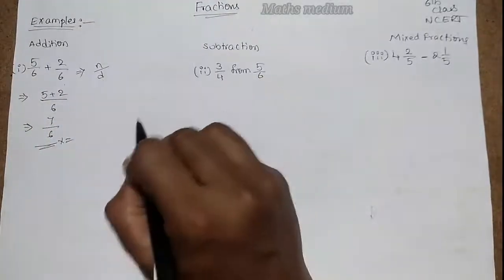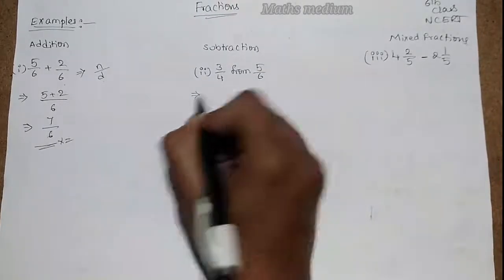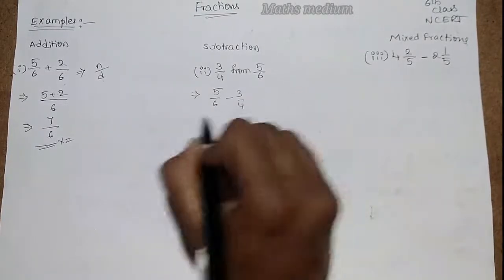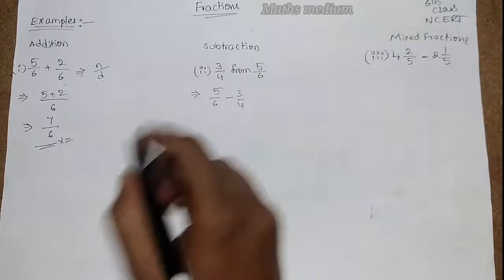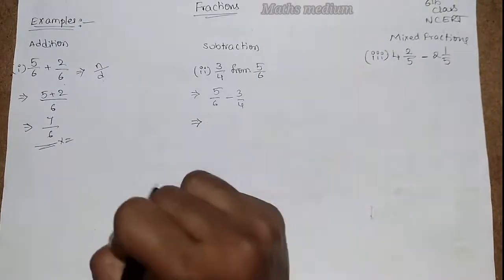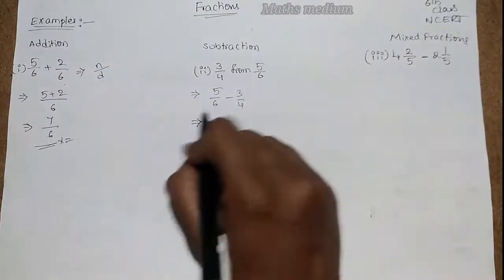Next, coming to the subtraction, 3 by 4 from 5 by 6. So here 5 by 6 minus 3 by 4. This is the correct way to represent that statement. Next is 2. Here these two are unlike fractions. How do we proceed with unlike fractions?